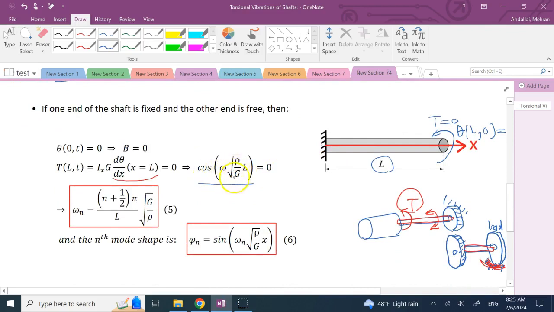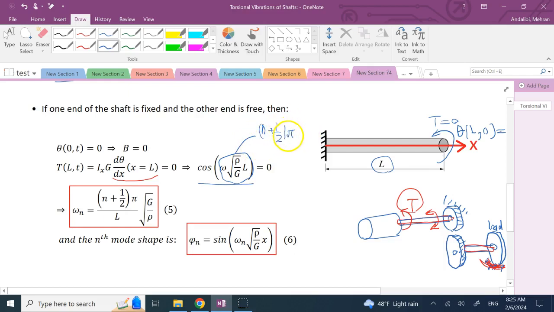Now, if cosine of something is 0, that means that thing is n plus 1/2 times pi, where n is an integer number, right? So it's like 1/2 pi, 3 over 2 times pi, 5 over 2, negative 3 over 2, negative 5 over 2 pi, right?